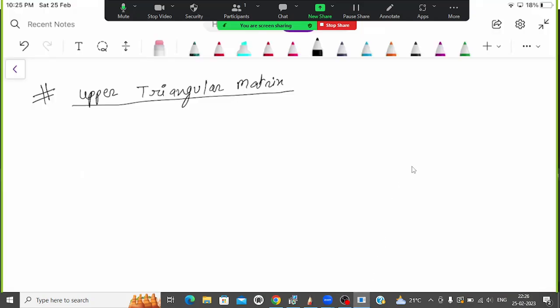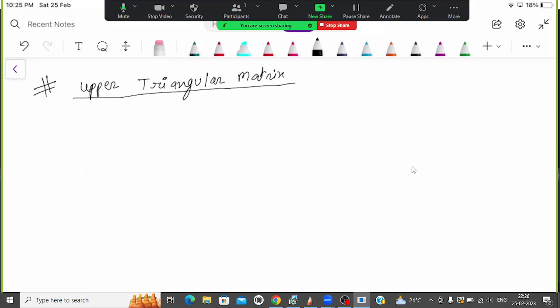Now we are seeing the upper triangular matrix. Suppose matrix A, let A be a matrix of order n.